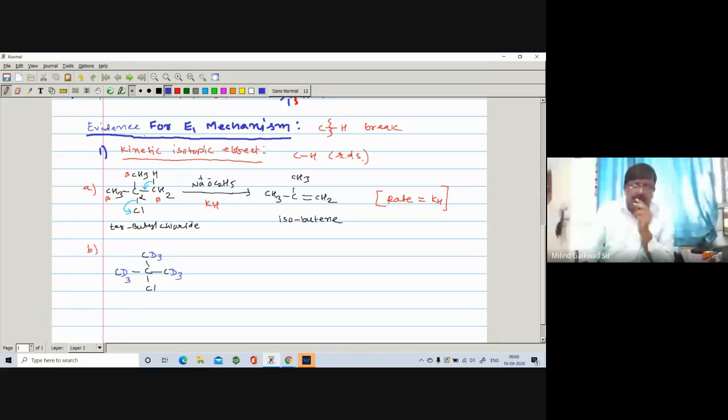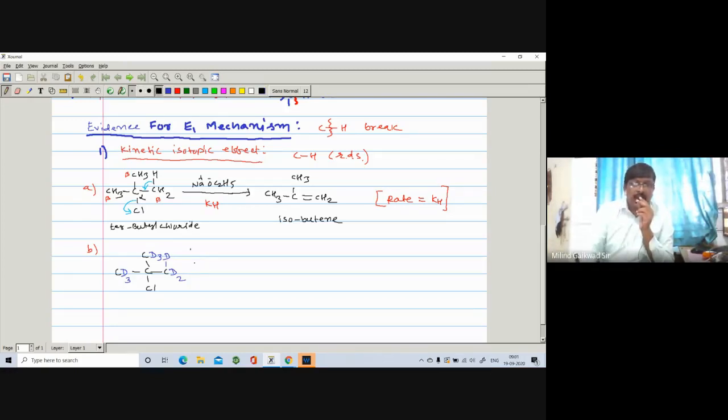So we can say deuterated tertiary butyl chloride. The name of this compound is deuterated tertiary butyl chloride. Also we can write one of the D here, so instead of writing D3, I write D2, and there is one more D.